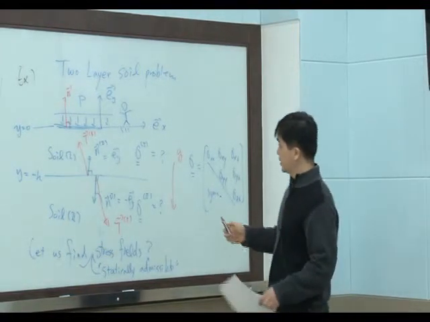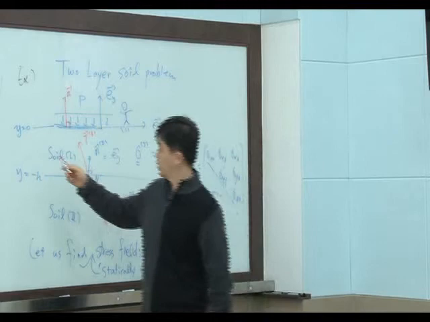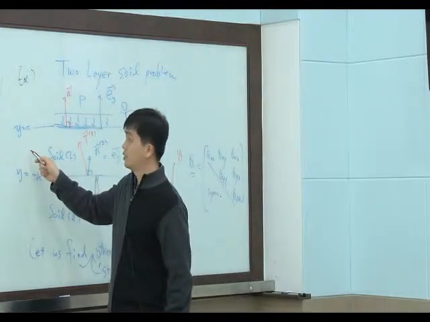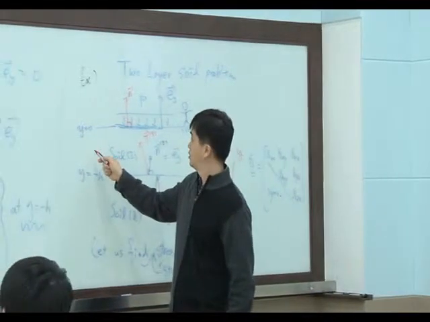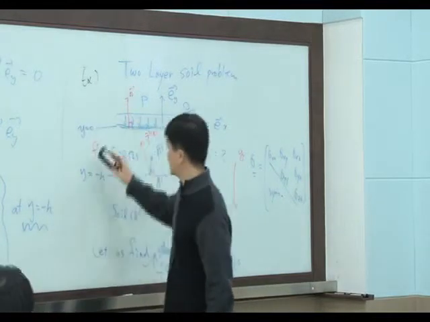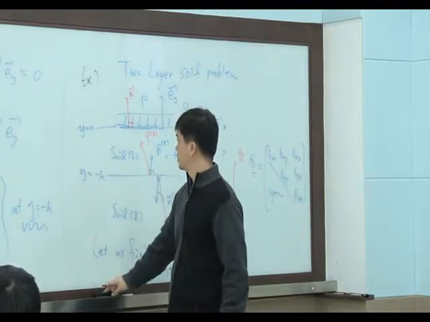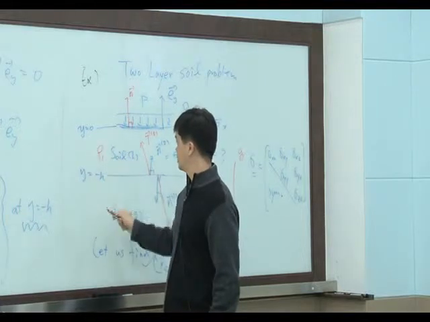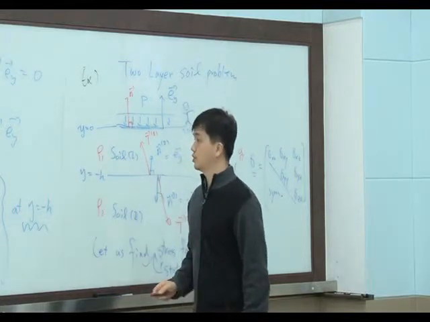So, let's say soil layer 1 has density rho 1, and soil layer 2 has density rho 2.